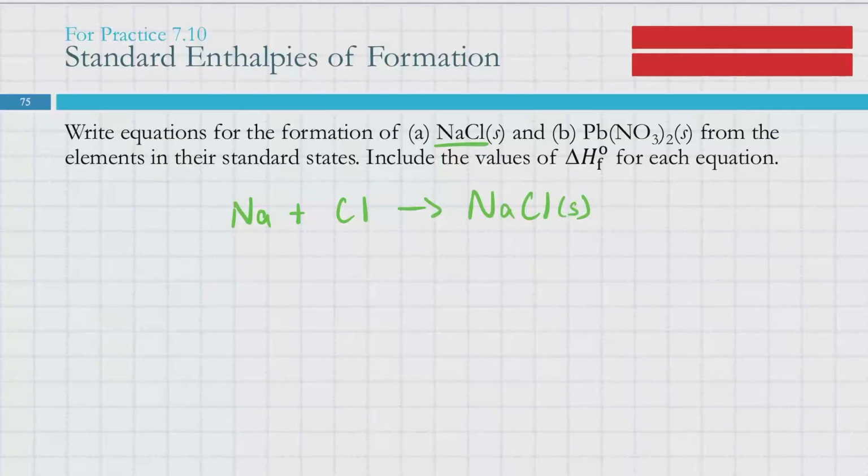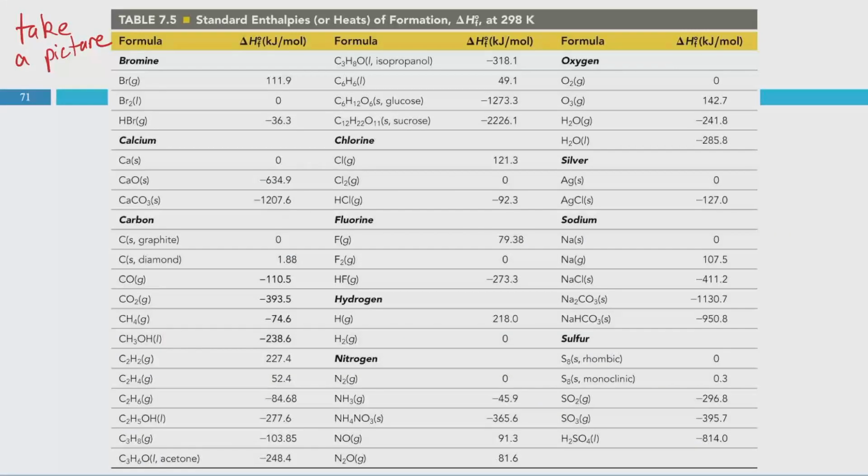And then we would need to reference what are the standard states for sodium and chlorine. And so we would have to scoot on back and find our standard states for sodium metal. For sodium metal, the standard state is sodium as a solid, pretty easy.